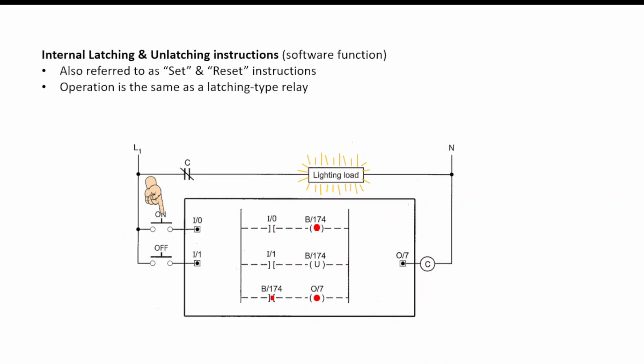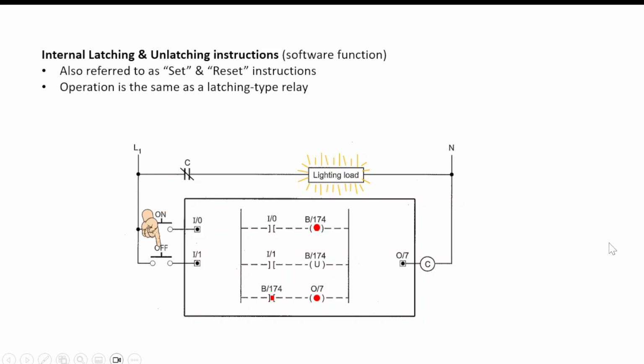If I release my finger from the on, the B174 latch coil remains on. So that's the intent of this system. Either this one will be on or that one will be on, but they can't both be on.